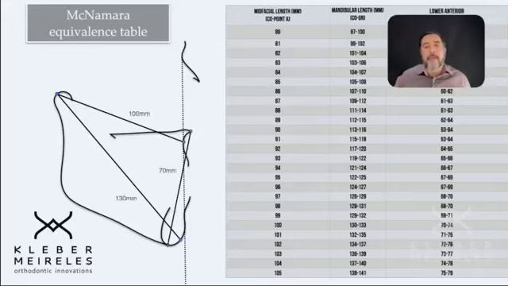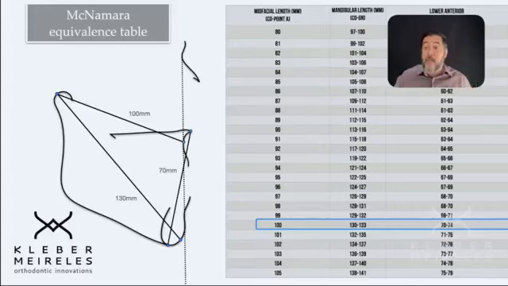McNamara told us in his analysis that the triangle must be balanced, so we have a good position of maxilla, mandible, and lower anterior face height.